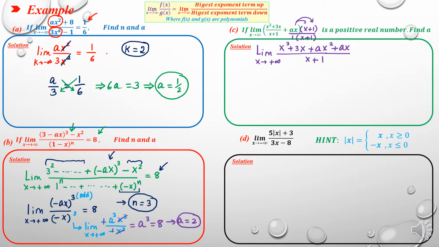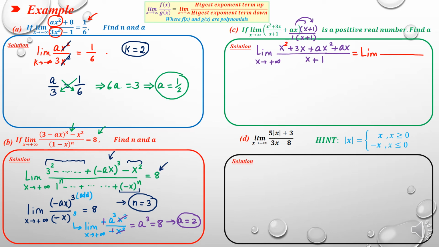Now you have to group the similar terms. As you see, this is equal to the limit of, here we have x squared, not x cubed.